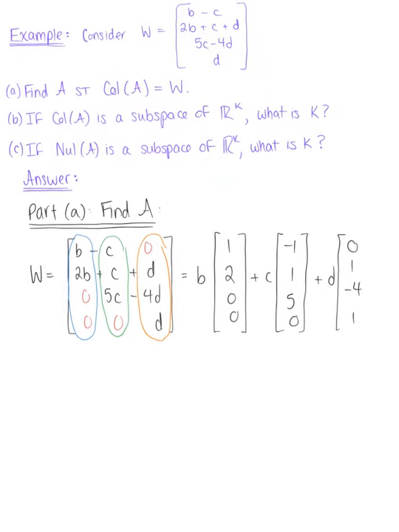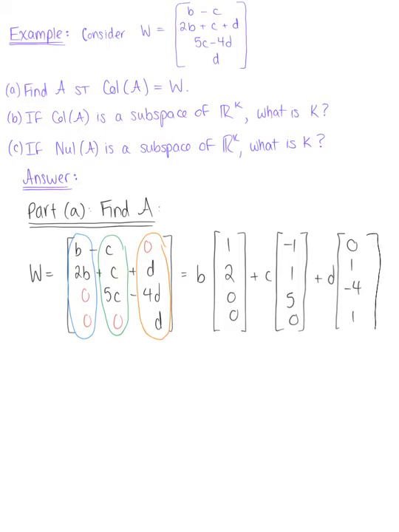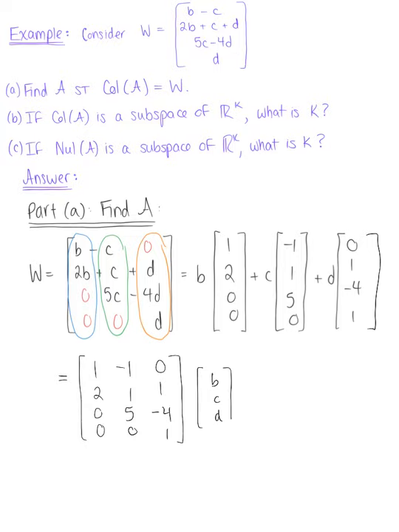Need a little more room. And so we can see our matrix equation here. We have matrix A, a 4x3 matrix, 1, 2, 0, 0, minus 1, 1, 5, 0, and then 0, 1, negative 4, 1, multiplied by vector b, c, d.